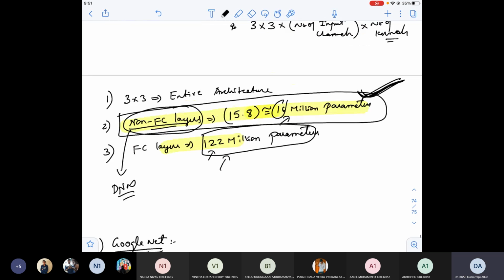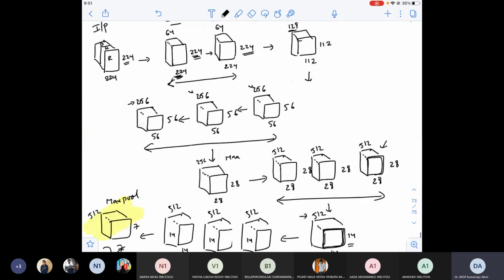One thing, since 3 to 4 minutes are there: the main purpose of GoogleNet, why Google has come up with their own CNN architecture, is their questions. Even Google has thought in the same direction. Imagine Google, they also had a similar thought in these directions, and they came up with this architecture.